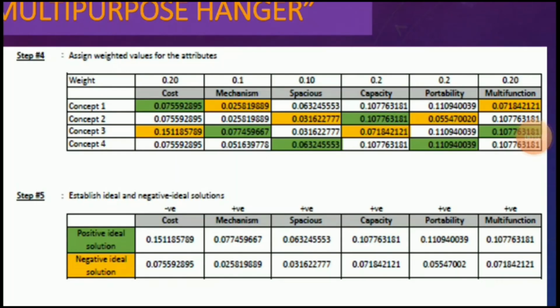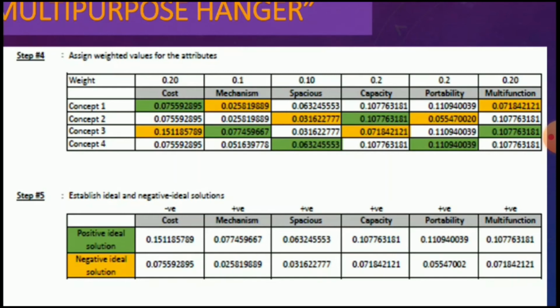Step number 4, we have to assign the weighted value or factors for the attributes. I would say this is very important and reflects back to the Pugh matrix. We have assigned the same weightage: cost 0.2, mechanism 0.1, spacious 0.1, capacity 0.2, portability 0.2, and multifunction 0.2.